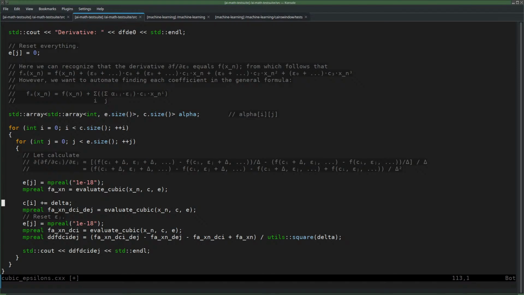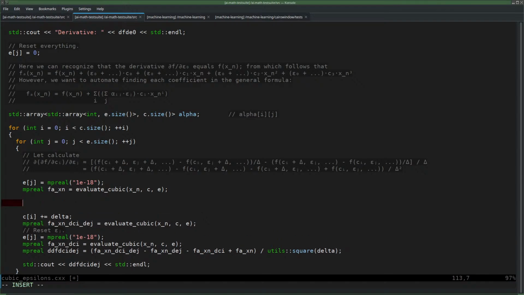Okay, and then if we increase the coefficient I with delta, wait a minute, gee, that's not good. What we did outside before is increasing this with delta.